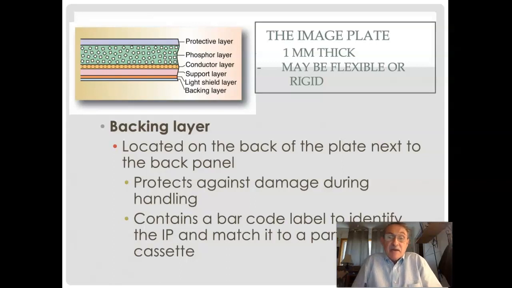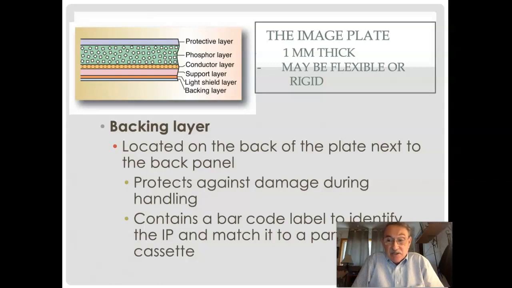The backing layer also has on the outside of it a barcode label to identify the image plate and match it to a particular cassette. The intent is that when we're using CR, we're going to identify our patient from the modality work list, and then identify the cassette that we used for this particular projection.